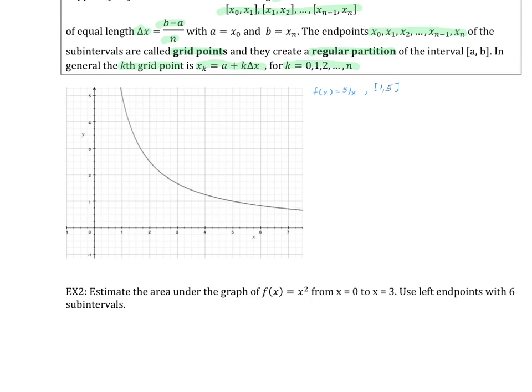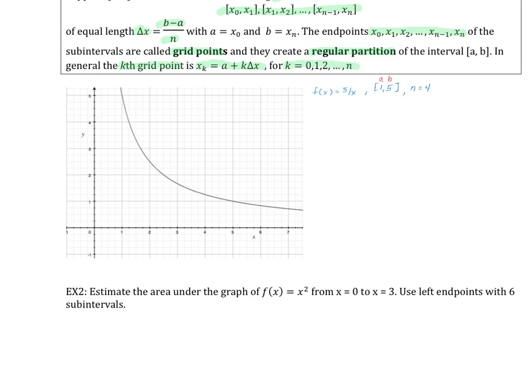So this would be my A, it's 1, and my B is 5. Now in this particular case, we partitioned it into 4 rectangles. So n is equal to the number of rectangles, which is 4.